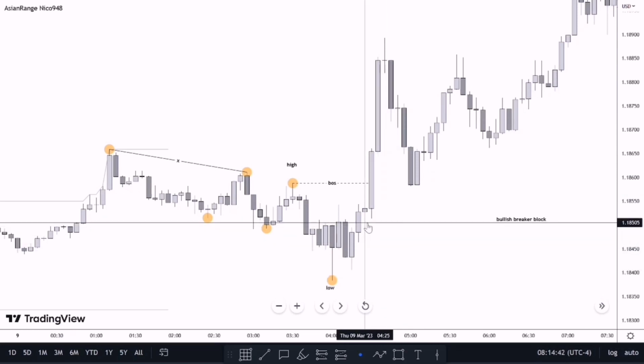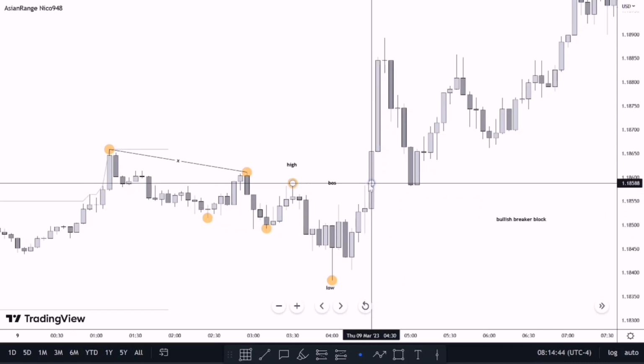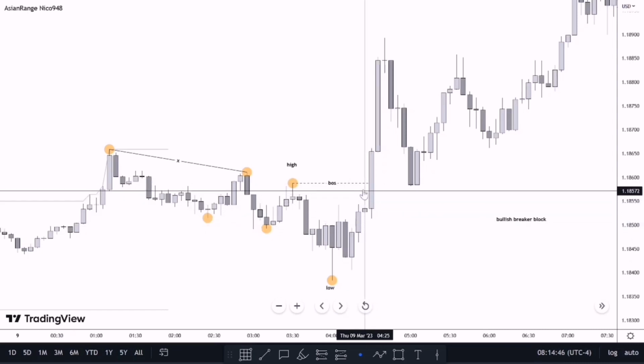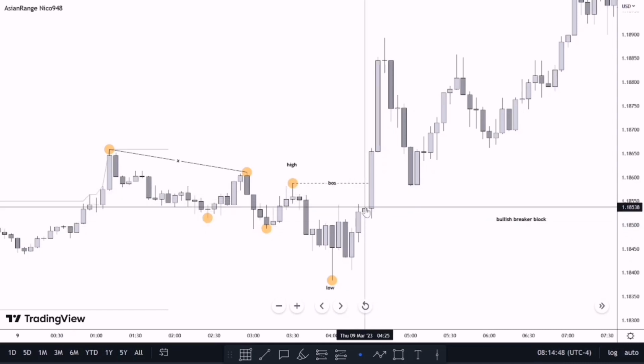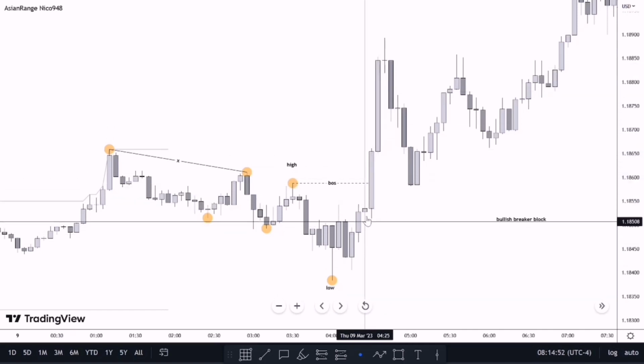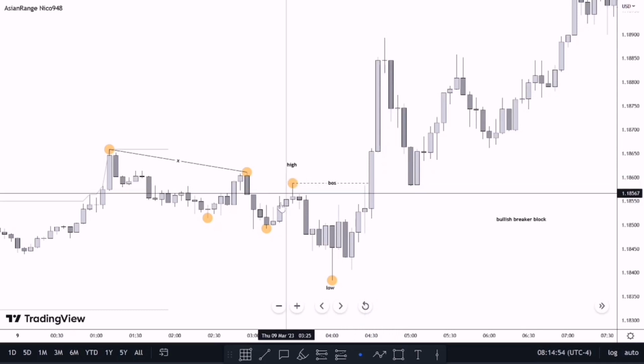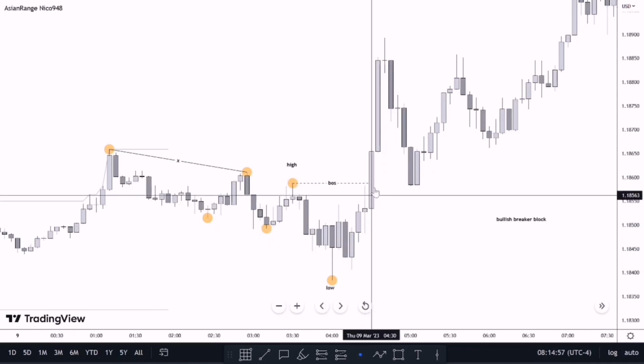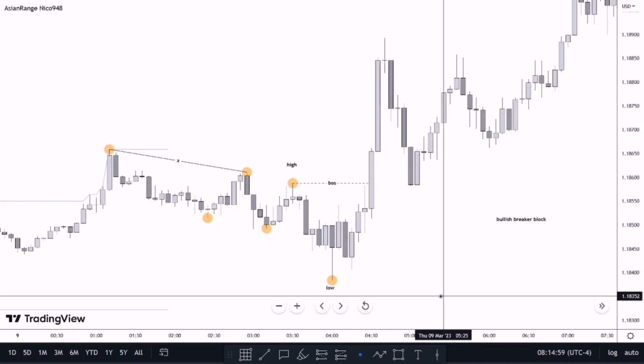We're going to look at this candle over here. The reason I'm choosing this candle is because it's the cause of the break of structure to the upside. It's the most recent candle within the range that caused the momentum and push to the upside.